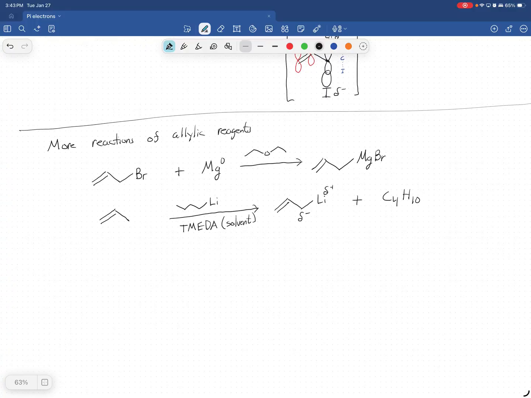So let me just give you a rundown of what happens here. This is the same as writing, this is now 2 hydrogens and a negative charge. All right, like this. In organic solution though, it doesn't exist as this.